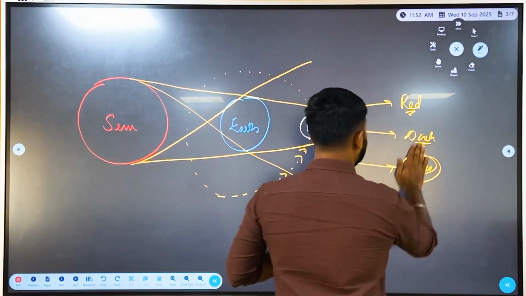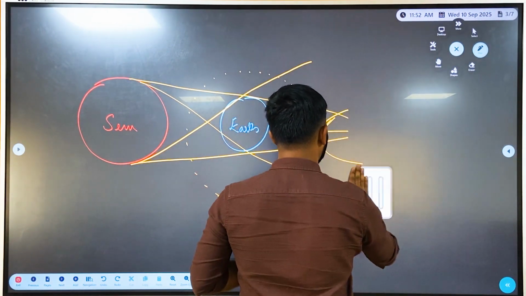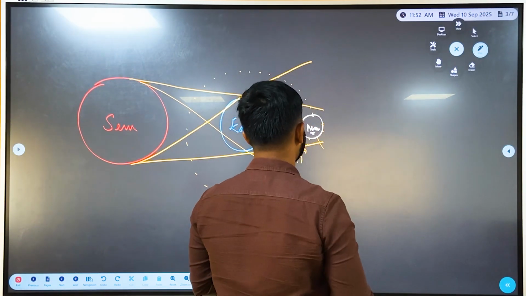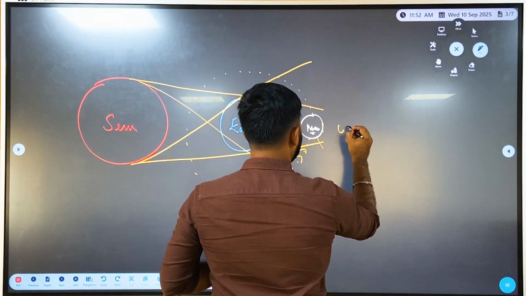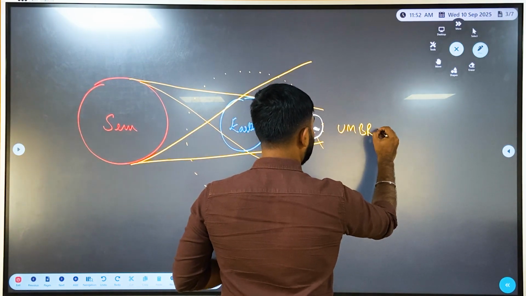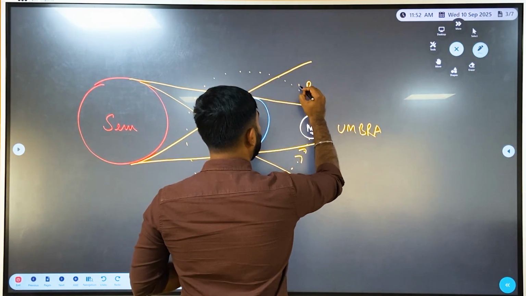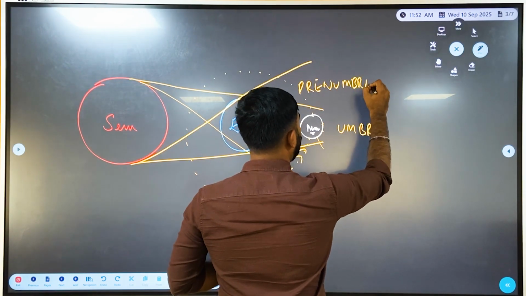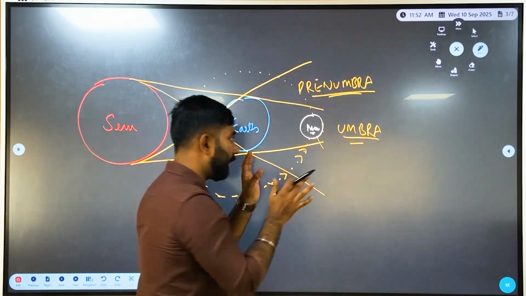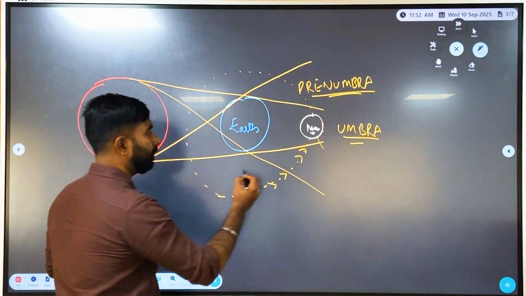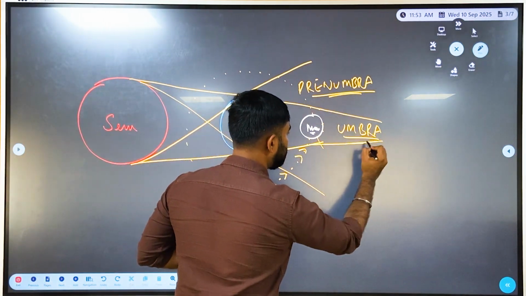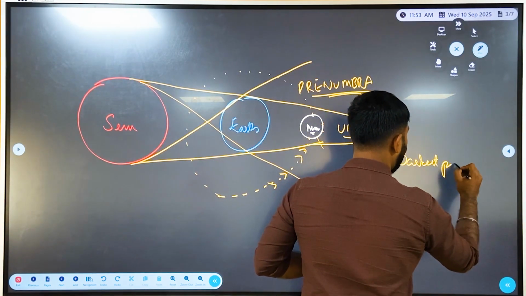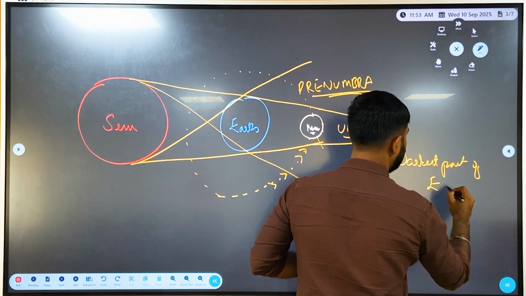Now, to understand this, we have to know two more important terms from the eclipse point of view. One is the umbra, next is the penumbra. These are two imaginary areas in space. Umbra, we can call it the darkest part of Earth's shadow.